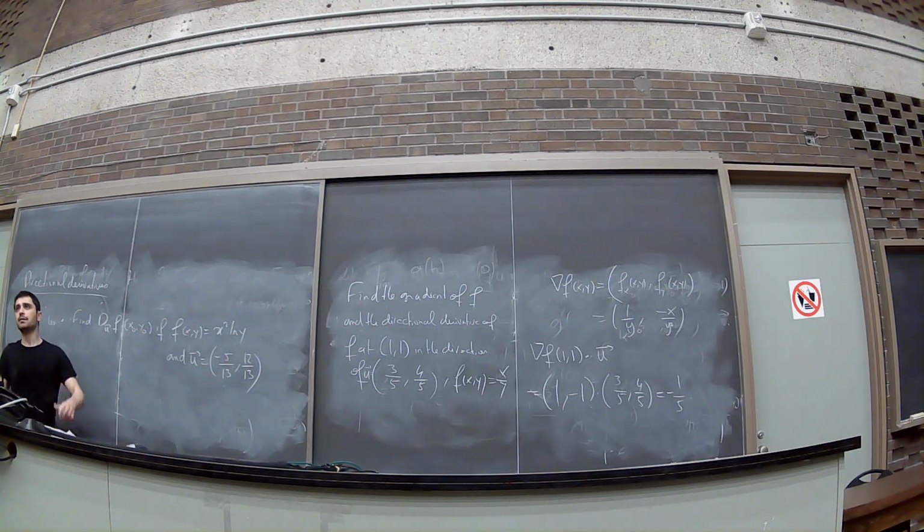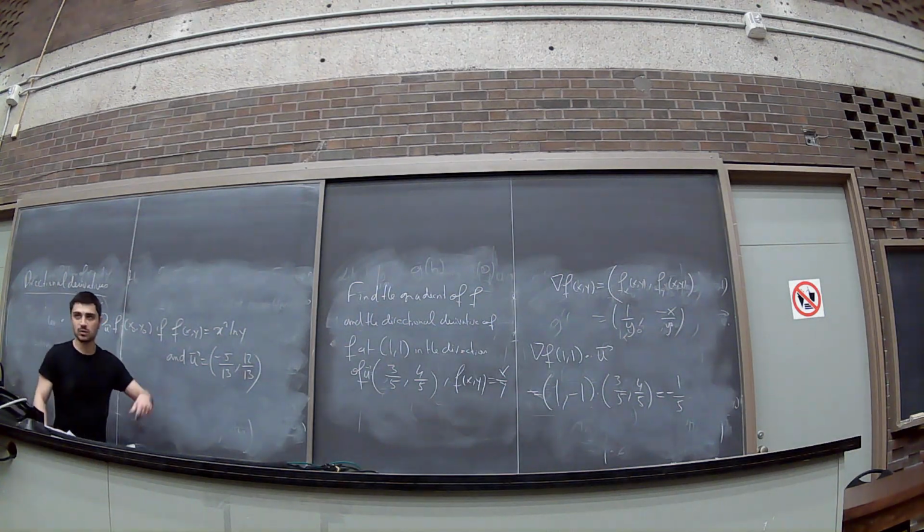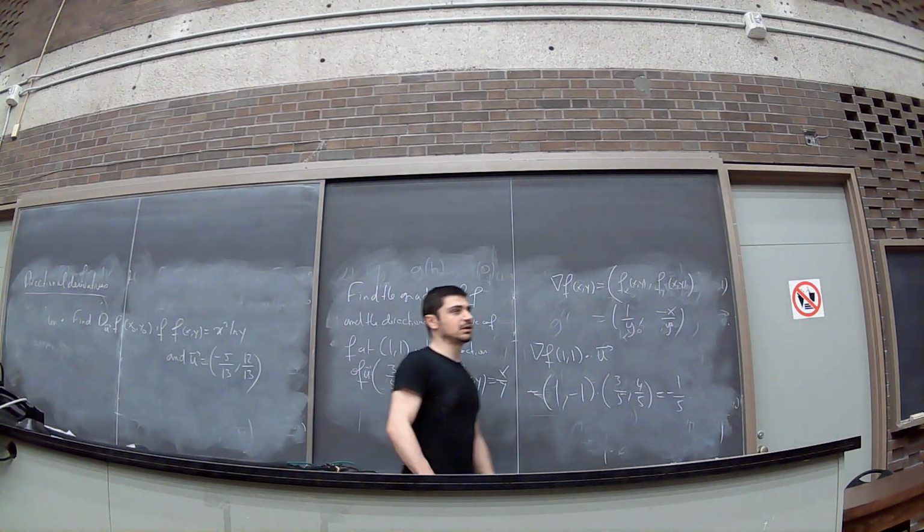Is u a unit vector? 5 squared plus 12 squared, what is that equal to? 169. 13 squared is 169, right? So u is indeed a unit vector.